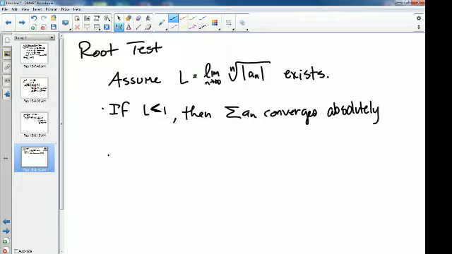If L is greater than 1, the series diverges, it's the same conclusion as the ratio test.